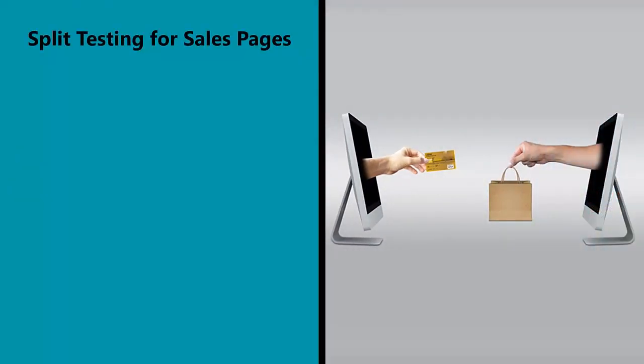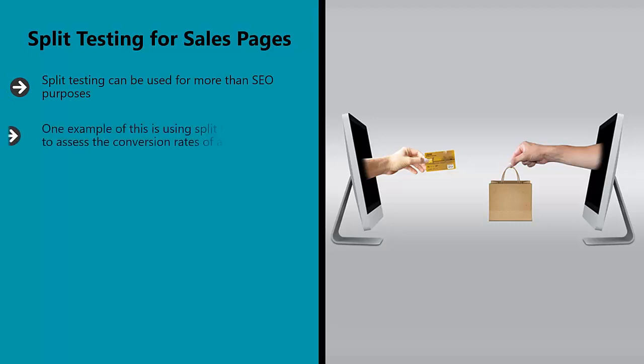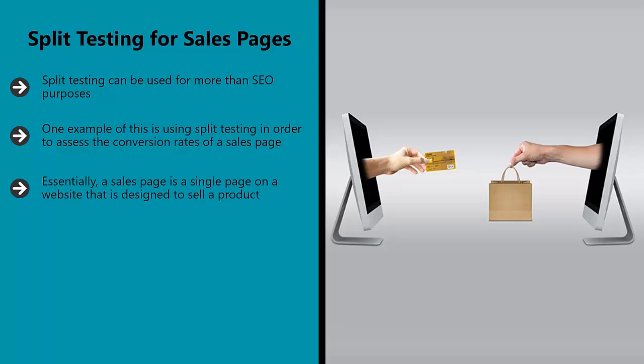Split testing for sales pages. Split testing can be used for more than SEO purposes. One example of this is using split testing in order to assess the conversion rates of a sales page. So what does that mean, and why is split testing the perfect fit? Essentially, a sales page is a single page on a website that is designed to sell a product.